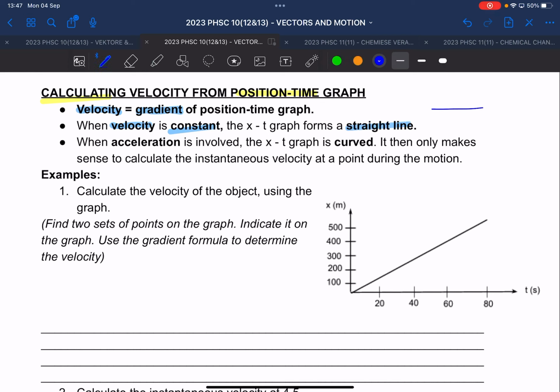I mean like that, or like that, or like this. So just a solid straight line. When there is acceleration, meaning it goes faster, faster, faster, then your graph will be curved like that, or it will be like that. Depends what type of acceleration it is.